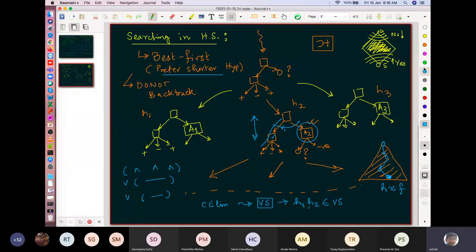Now, if you look carefully, this version space is basically incomplete. Why? Because I am not allowing this kind of operation in the version space. I only allow Boolean AND formulas. So the candidate elimination algorithm searches in an incomplete space and comes out with a hypothesis, whereas the decision tree algorithm searches in a complete space, but the searching is incomplete.